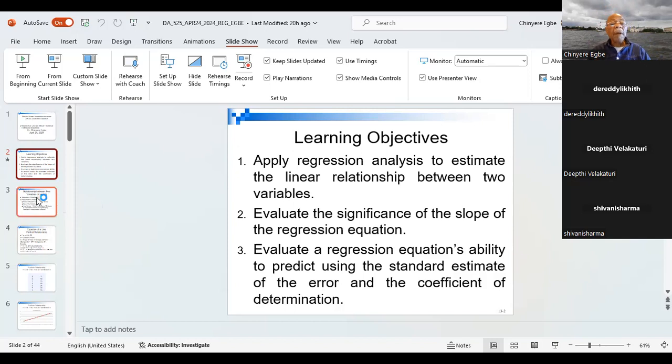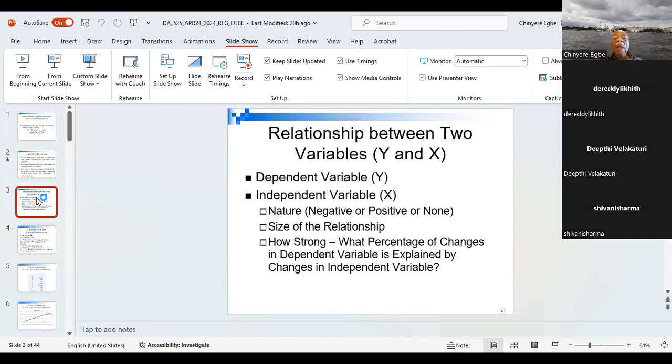about the dependent variable. So, as I've been explaining, our objective here is to evaluate the relationship between two variables, and we will call them y and x. The dependent variable will be y, the independent variable will be x. And the first thing that we estimate is the nature of the relationship.